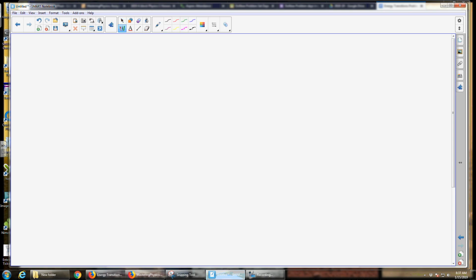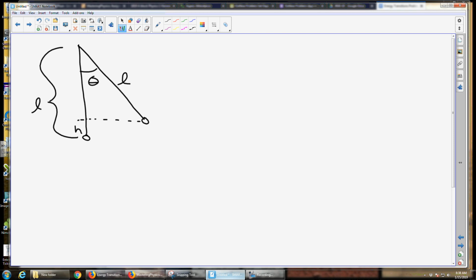One thing is that geometry going on again. Where we have L here and L here, and then this side in here would be L cosine theta.